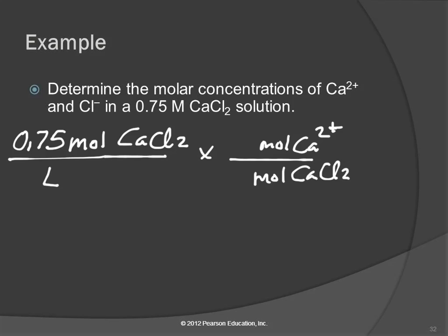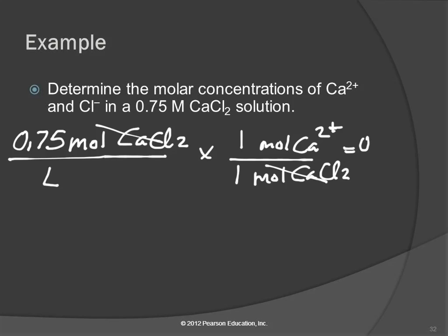We did some calculations like this a long time ago. How many moles of calcium are in each mole of calcium chloride? 1. There's 1 mole of calcium per 1 mole of calcium chloride.